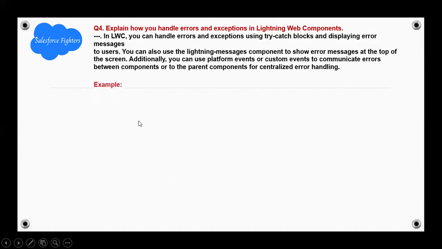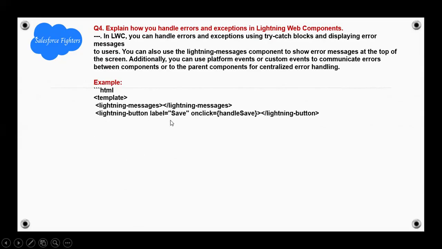Examples: HTML template, lightning-button label equals save, onclick equals handleSave, lightning-button, template.